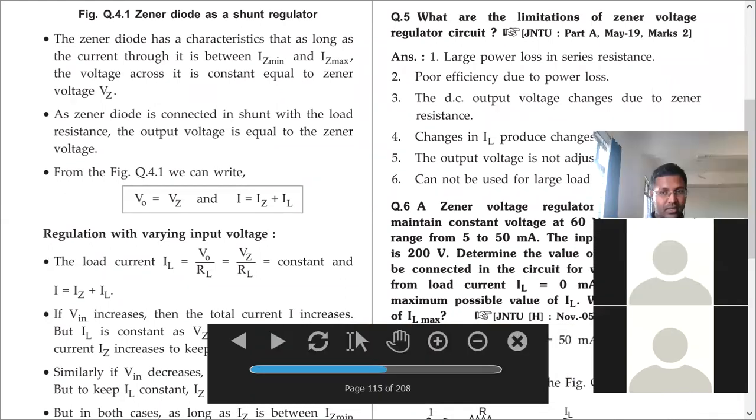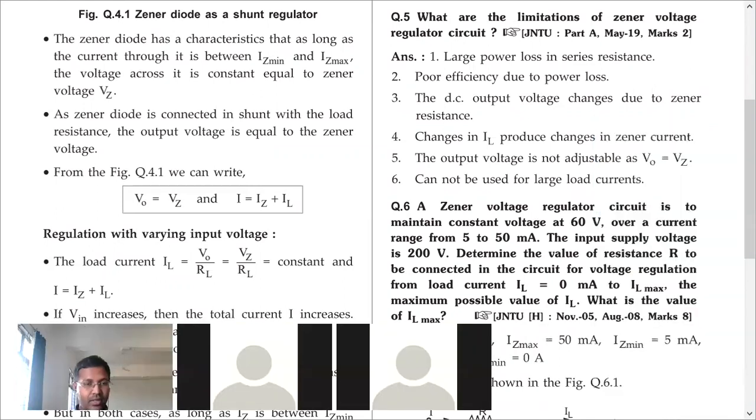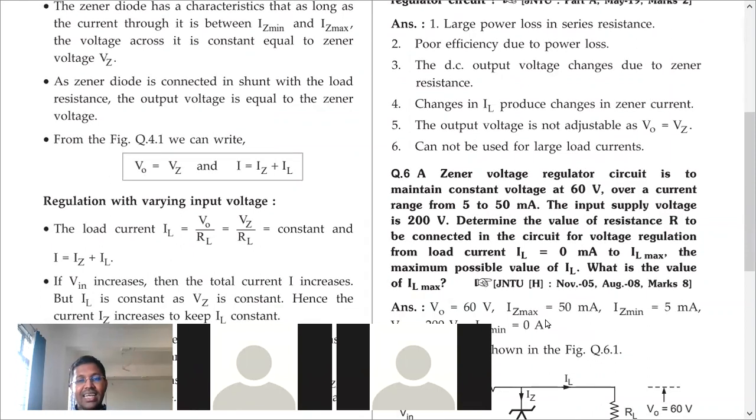One of you please answer. So what is happening here? They are giving range 5 to 50. So minimum is 5, maximum is 50. So from this we understand Iz max is 50, Iz min is 5, unit is milliampere.